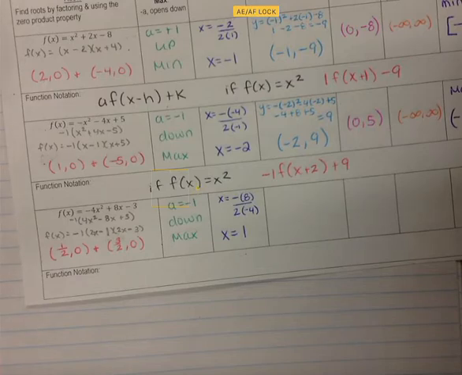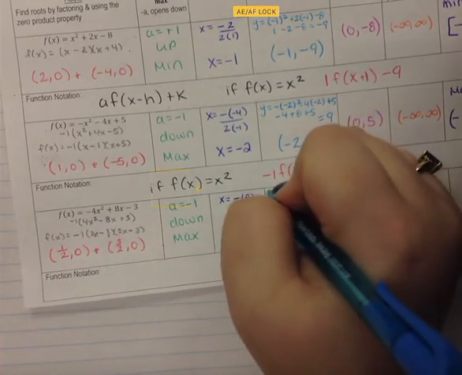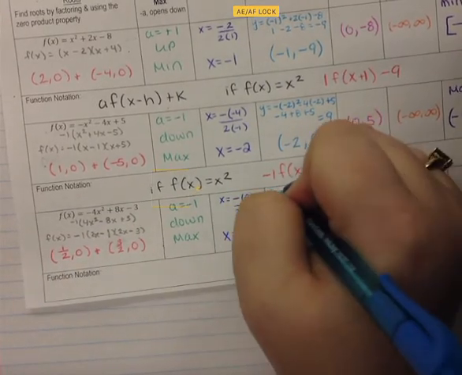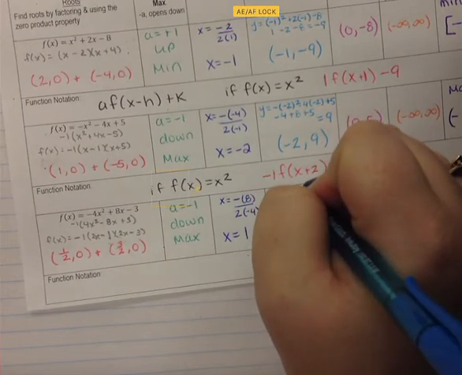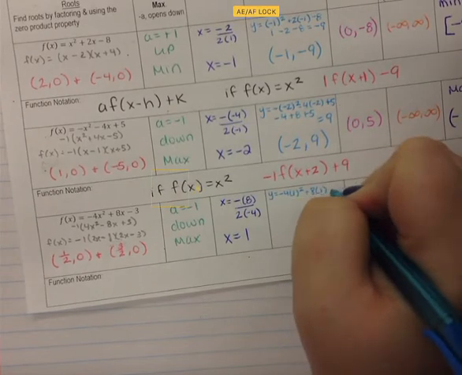Now to find your vertex, we're going to plug that +1 back into the original. We have y equals -4 parentheses 1 parentheses squared plus 8 parentheses 1 parentheses minus 3.